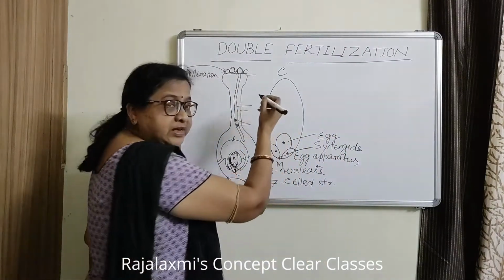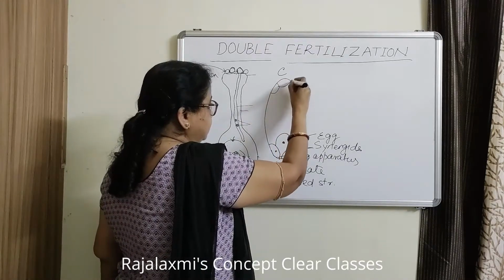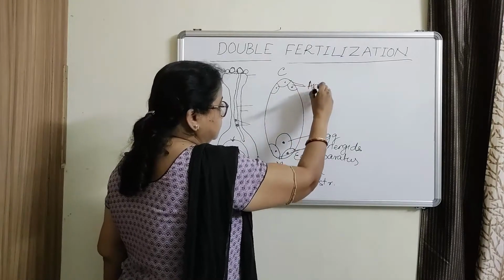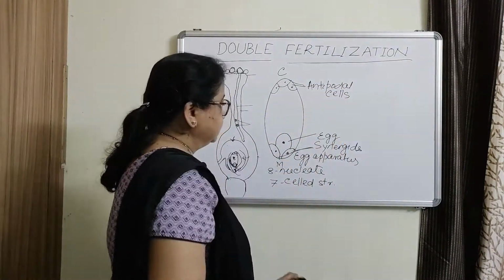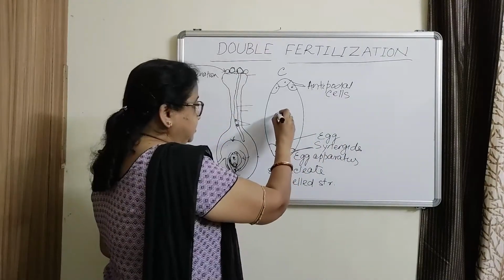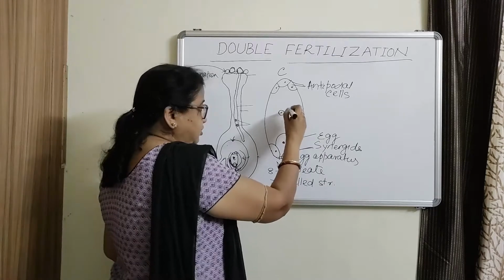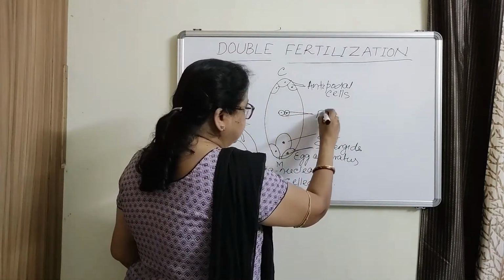And towards the chalazal end there are 3 cells known as antipodal cells. And at the center there are 2 nuclei known as polar nuclei.